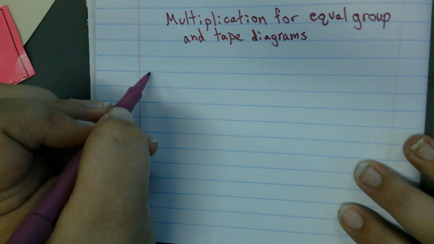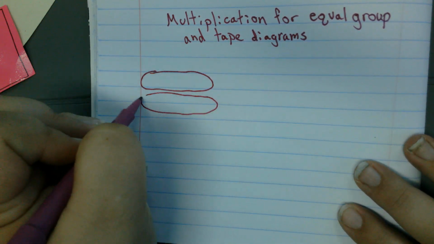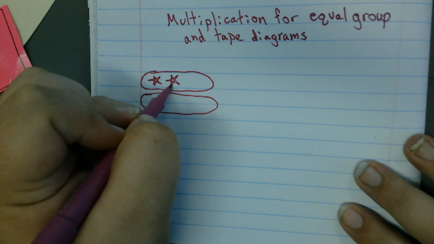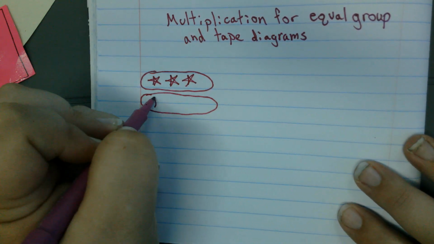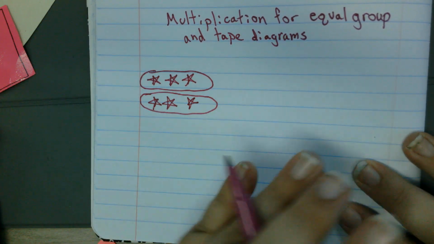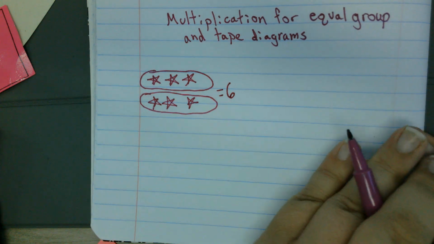So I'm going to create two groups with 3 stars in each, which is equal to having 6.